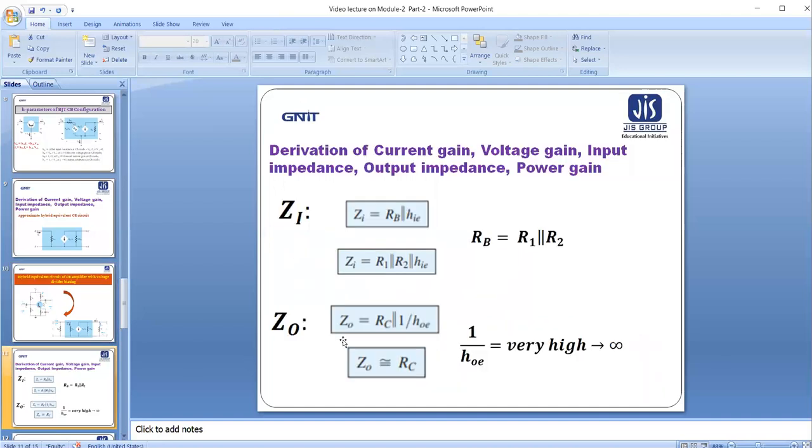That is Zo equals RC parallel 1 by HOE, and 1 by HOE is very high, as already mentioned. It tends to infinity. So therefore Zo will be nearly equal to RC. Normally during the design, we do not consider this 1 by HOE, to avoid complexity. We just write Zo nearly equal to RC.